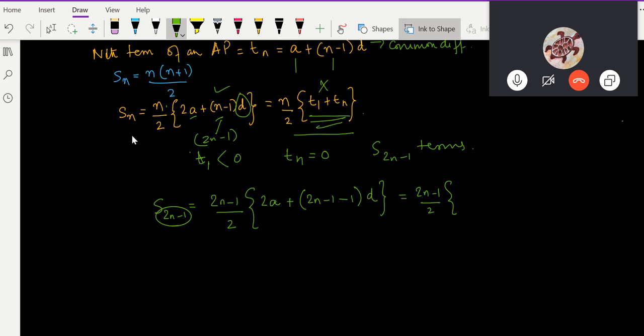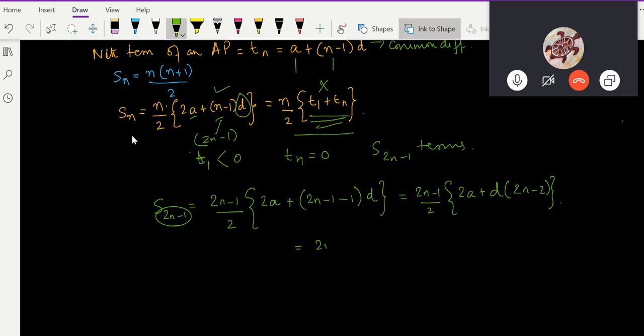So this will be (2n minus 1) by 2 into [2a plus d into (2n minus 2)].